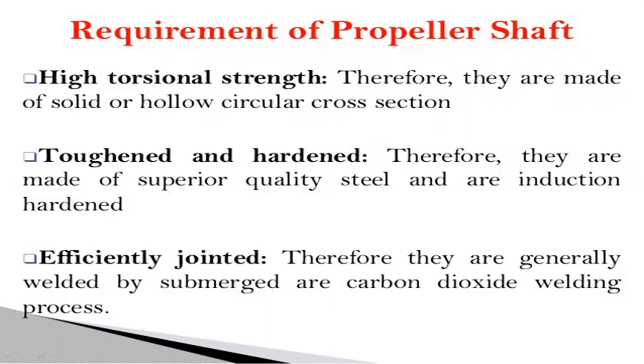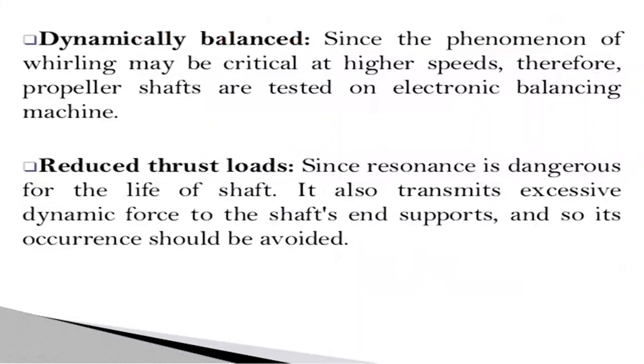We get the toughened and hardened. Next one, efficiently jointed. Therefore, they are generally welded by submerged or carbon dioxide welding process. By this process, the joint should be efficient on this propeller shaft. Okay, these are the requirements of the propeller shaft. And what is dynamically balanced and reduced thrust loads?